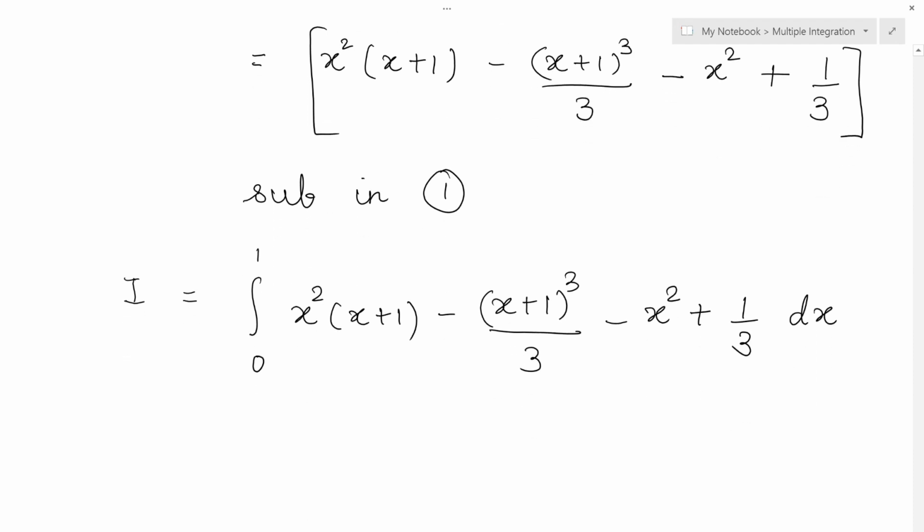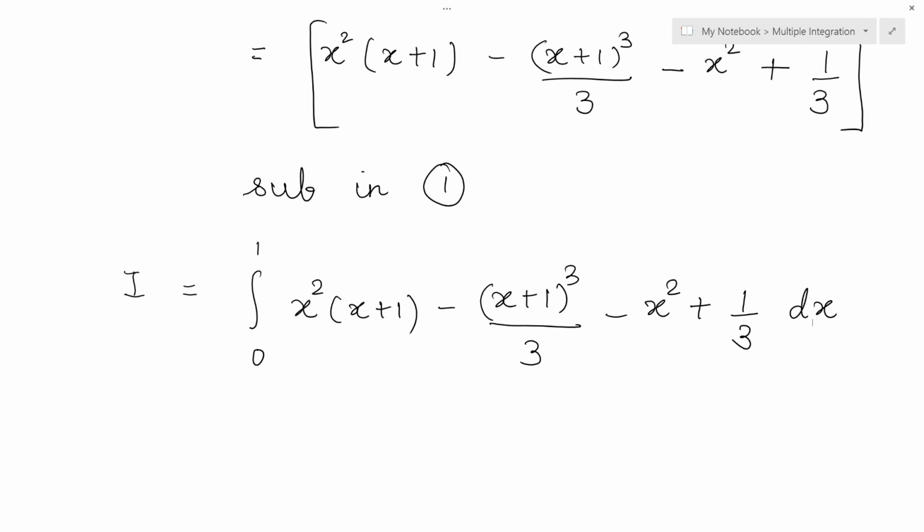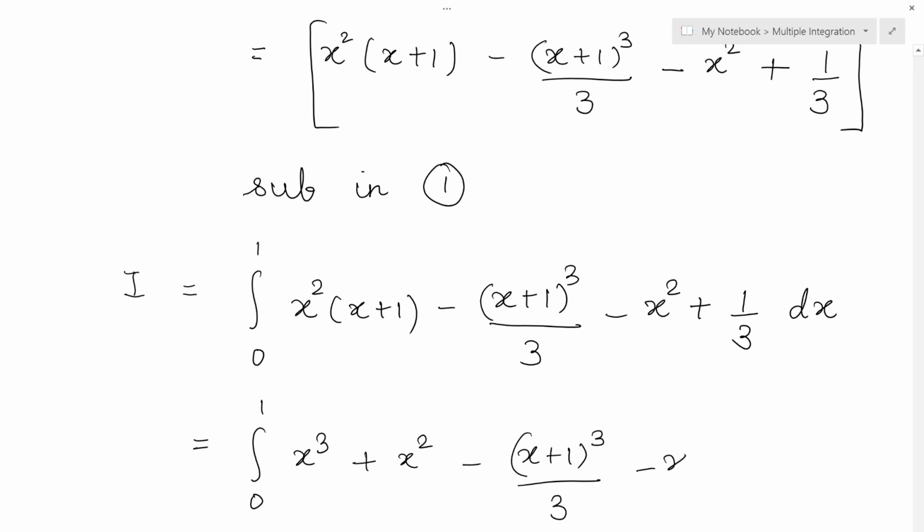So before integration, let me open the brackets. Then integration becomes easier. Okay, so this will be x cube, this will be x square. This I am keeping as it is. I am not expanding the terms because I'll have a lot of terms and then it will be a bit complicated for me.